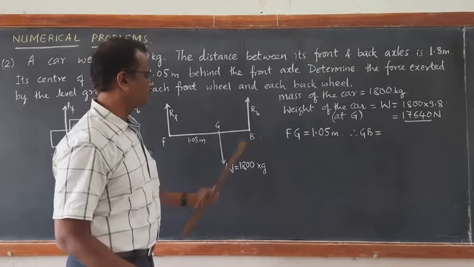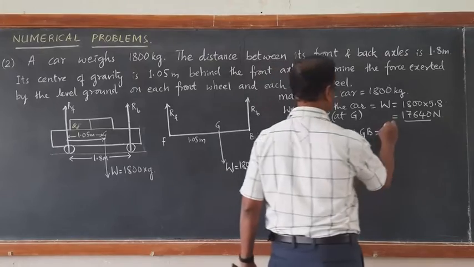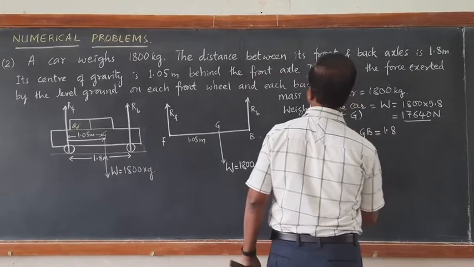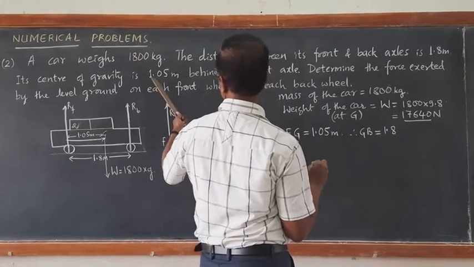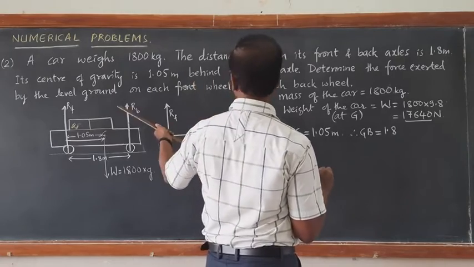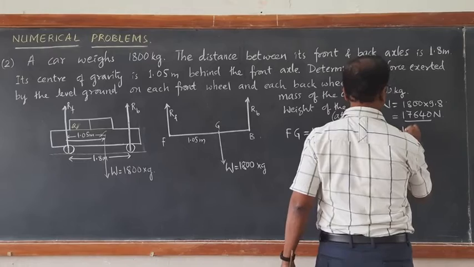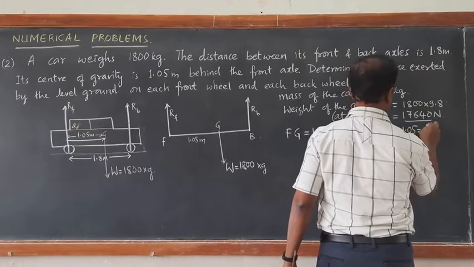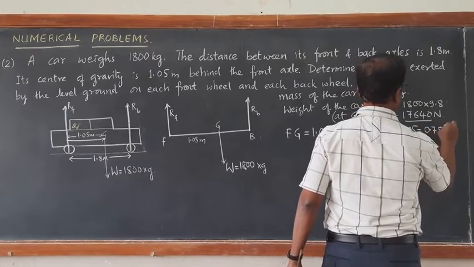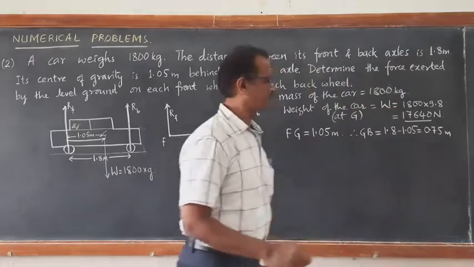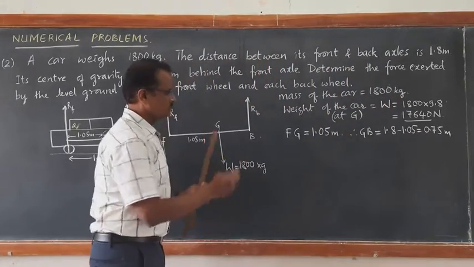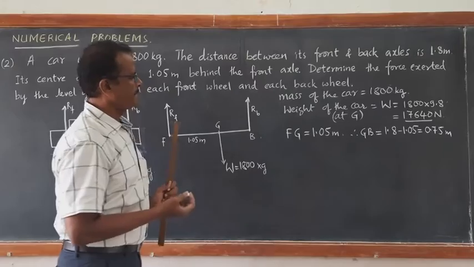What is the total distance? Total distance is 1.8 meter, given here. 1.8 meter minus 1.05. So this comes to be 0.75 meter. That is 75 centimeter. So these are helpful for calculations.